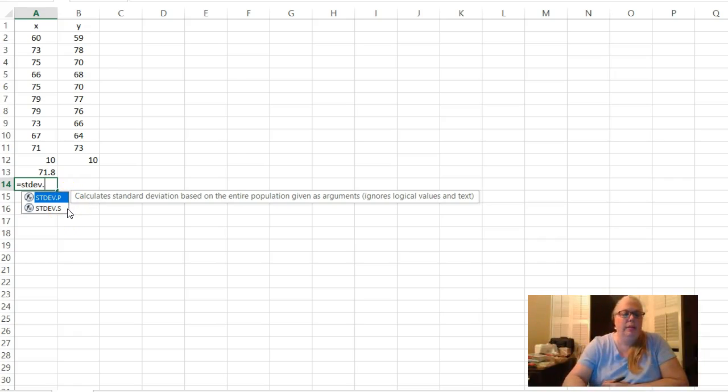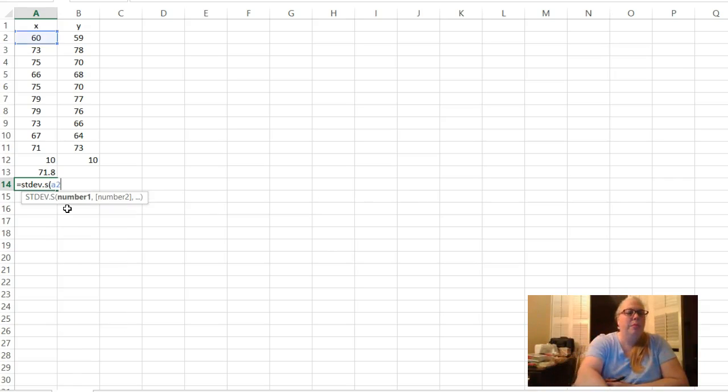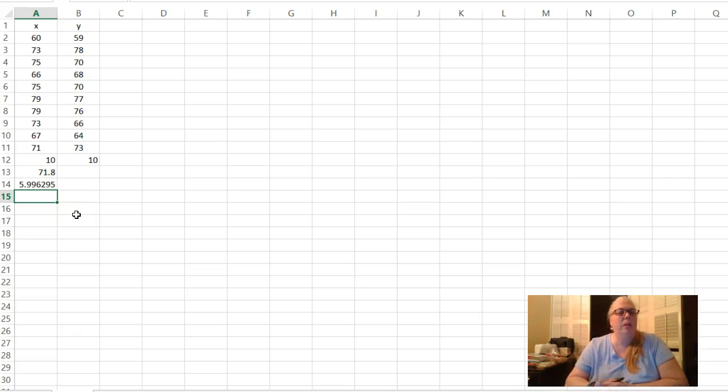We want the .s because this is from a sample. Again, my data goes from A2 to A11. And it gives me my standard deviation, and I can tell it to round anywhere, but I'm going to go ahead and leave it at those 6 decimal places right there.